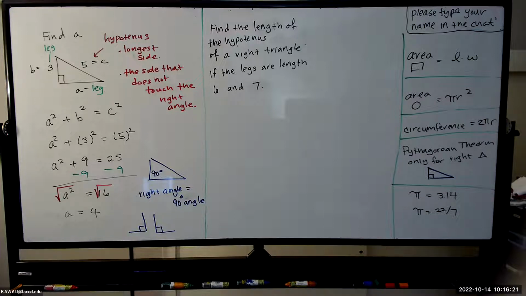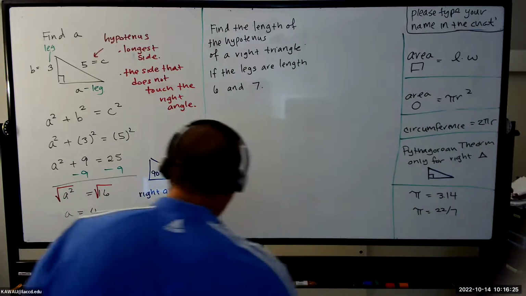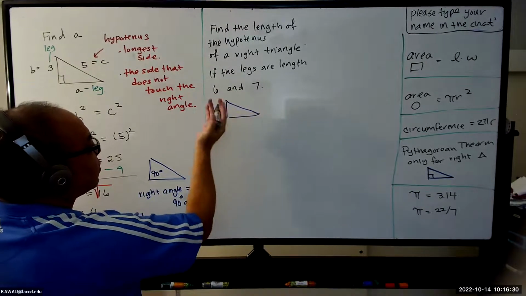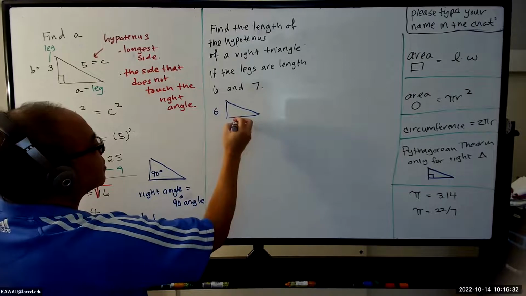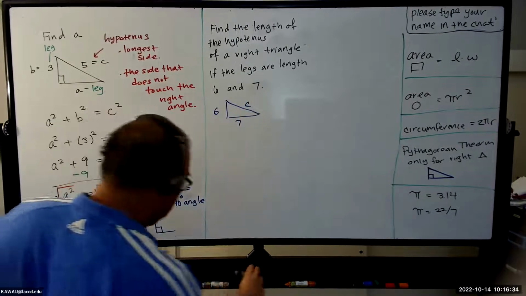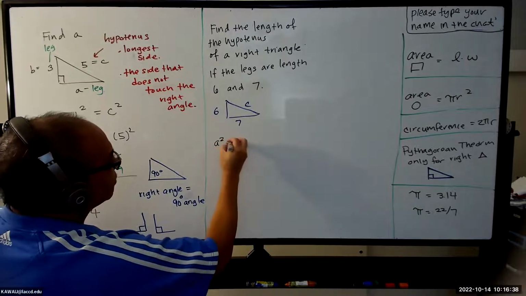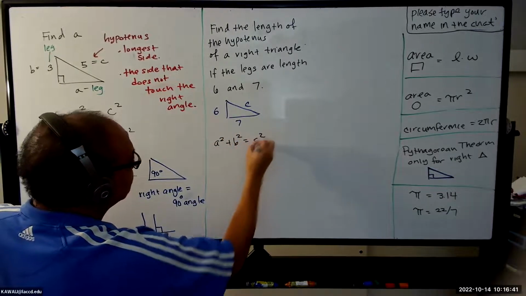Okay, so let's take a look at this. So the triangle that we're working off of, right? It doesn't matter whether it's pointing this way or that way, is 6, 7, and C. Okay. So now we have A squared plus B squared is equal to C squared.